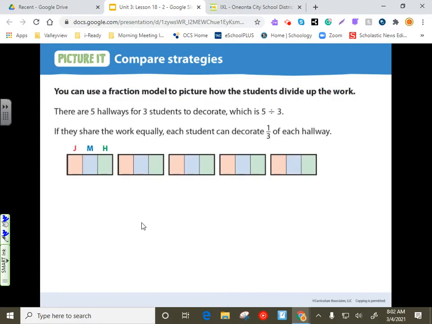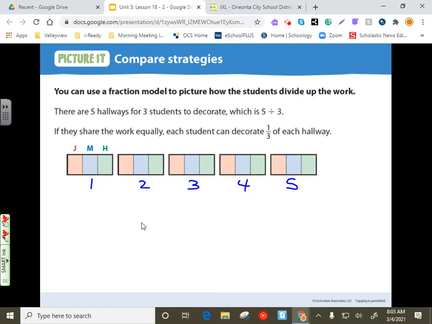For this first example here under Picture It, it says you can use fraction models to show how each student divided up their work. So we literally have the 5 hallways here, and then each one's divided up into thirds. And you could also think of it this way.